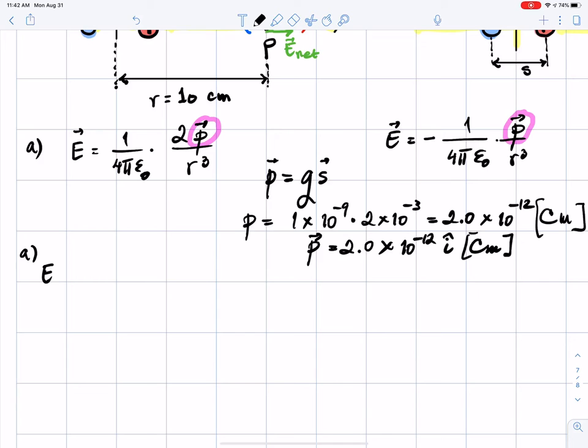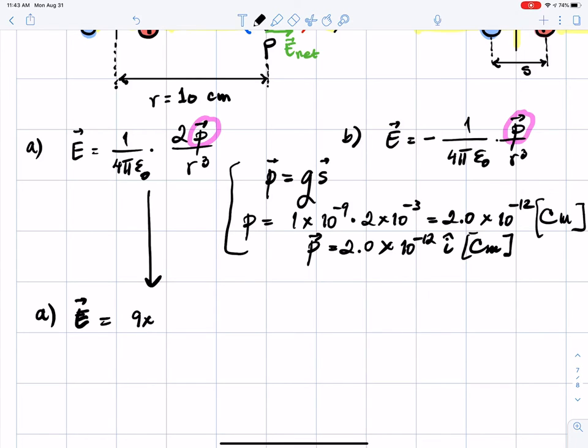I'm going to put an A here and a B there, respectively, as this will apply to both of them. Let me move it a little bit down here. Okay, so what are we dealing with here? Well, we have E. Okay, so 8.99 times 10 to the 9, and those are Newton meter squared over Coulomb squared.